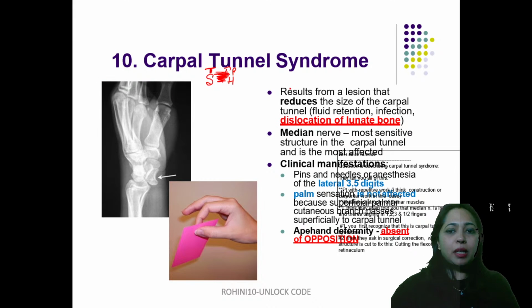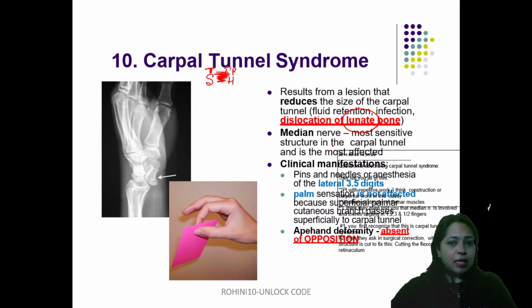One of the important bones that could get dislocated is the lunate. Next, the median nerve, the most sensitive nerve in the carpal tunnel, can also be affected because it goes underneath. So that is another point.